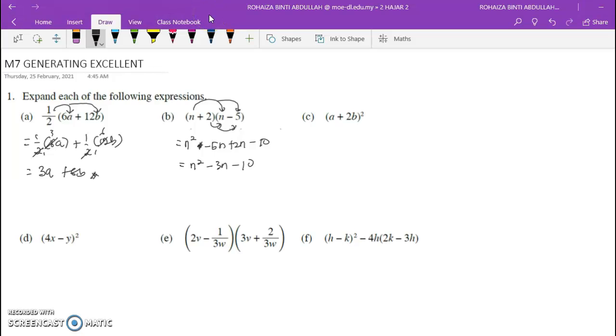Okay, see, because of square, so we write as a plus b and again a plus 2b.